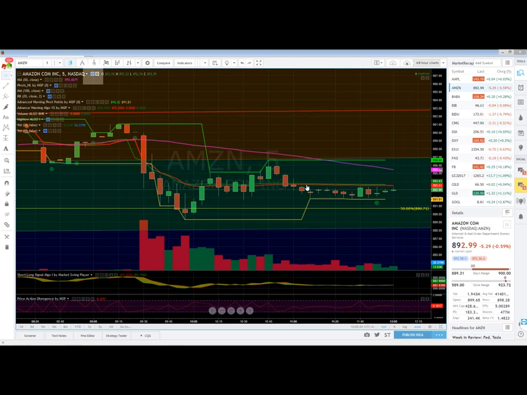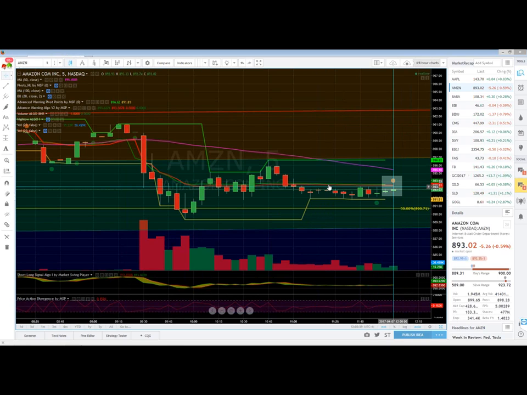And we could see that it is near the advanced warning algo, and it is still bullish. So we know that tells us that it's bullish or bearish. And then we also know it acts as resistance.